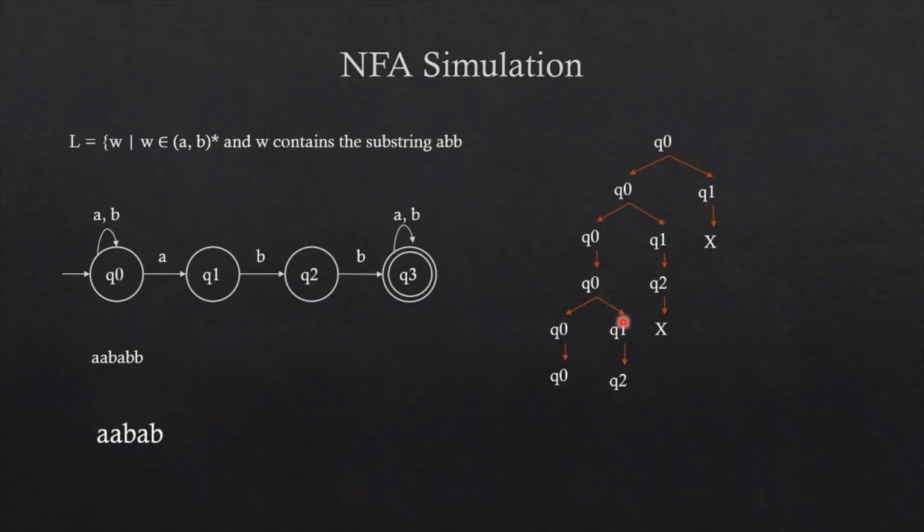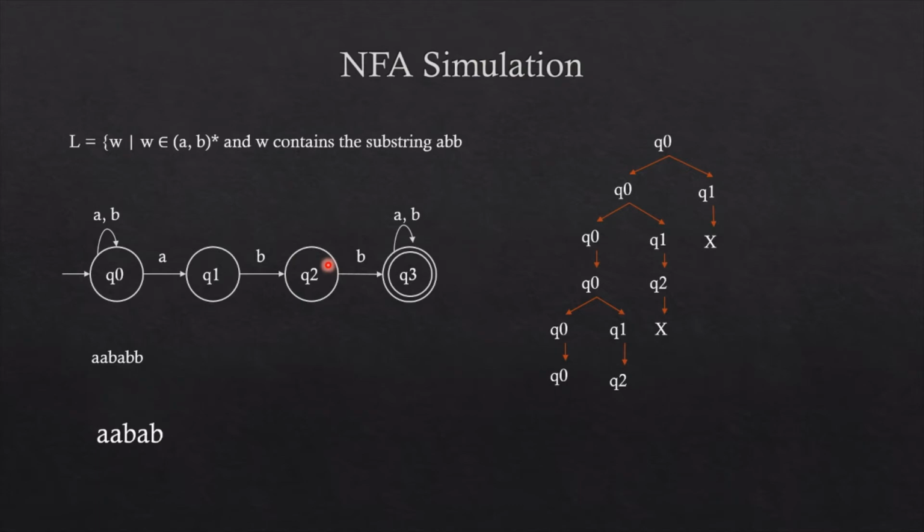From Q1 on seeing B, we go to Q2. See, again, we saw AB. One of the flows on A waited here on Q0, just in case it didn't end up being A, B, B. And one of the flows went to Q1, hoping to see a B after that. And it did see a B after that, and it went to Q2.